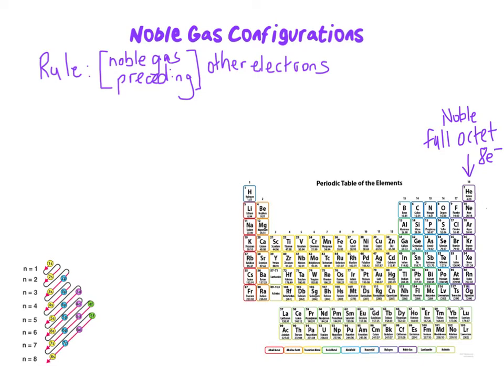And because of this, they are very unreactive. They have all of the electrons that they want. And most of the chemical reactions that happen in chemistry are so that other elements, all of these over here, that are not a part of the noble gases, can obtain that full octet.